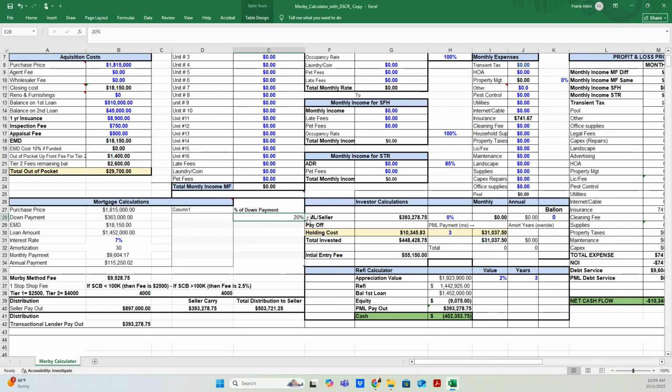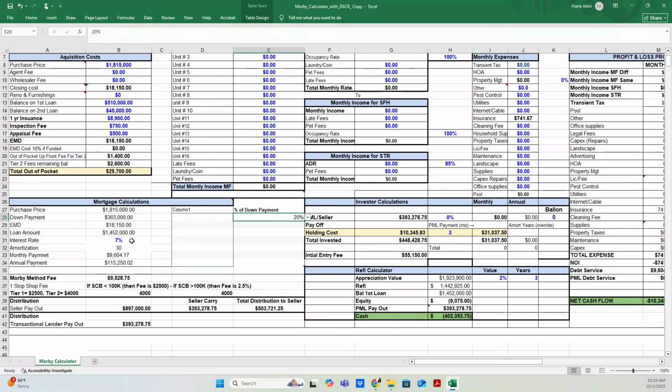I may even add a couple others, like one over here for the CapEx, and I'll explain that when I get over there. Right now, if you get a lender and they say, we'll lend to you, but we're only going to give you 70%, then you'll have to have 30%. You can go in there and change that. However, your numbers may not work, or they may. It just depends. So right now I'm leaving it at 20%.